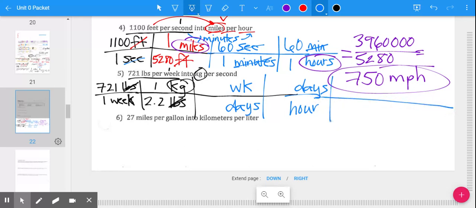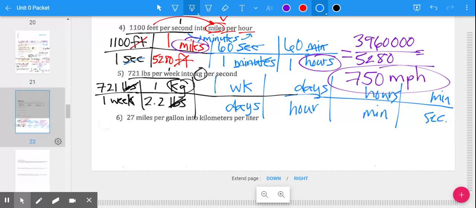The next one, the way we measure hours is in minutes. Hours is at the bottom, so hours is at the top, and minutes is at the bottom. And the way we measure minutes is in seconds. So minutes at the bottom, so minutes at the top, seconds at the bottom.